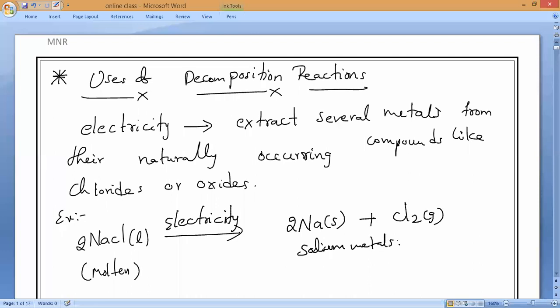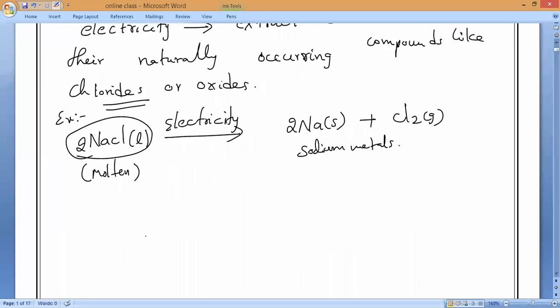Have you noticed it? Which compound is this? Chloride compound, NaCl, sodium chloride. Correct? So like this, several metals we can extract from their chlorides and oxides by using electricity, by the electrolysis process. That is the first thing.